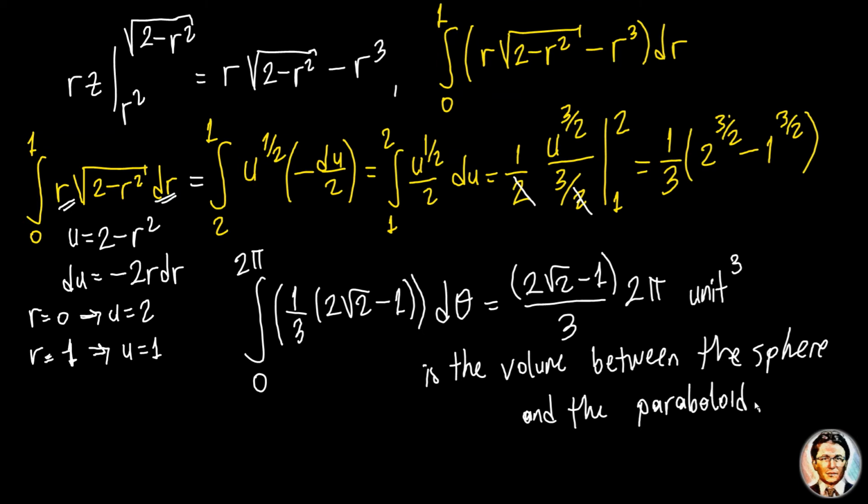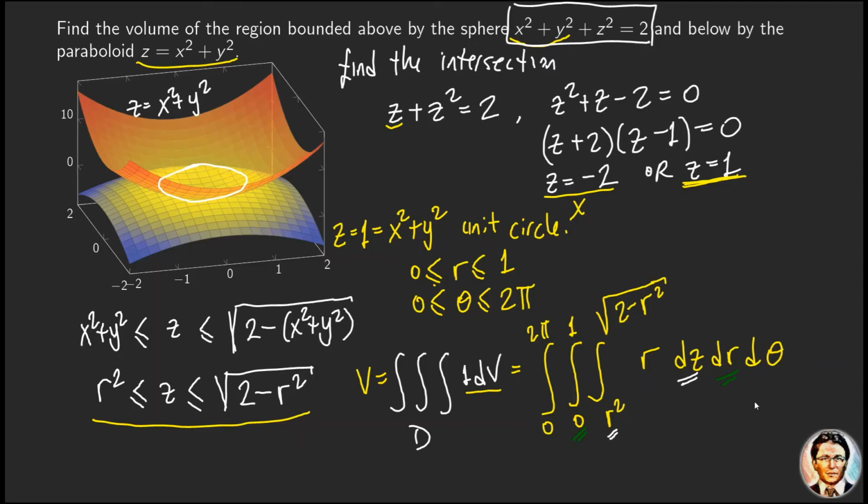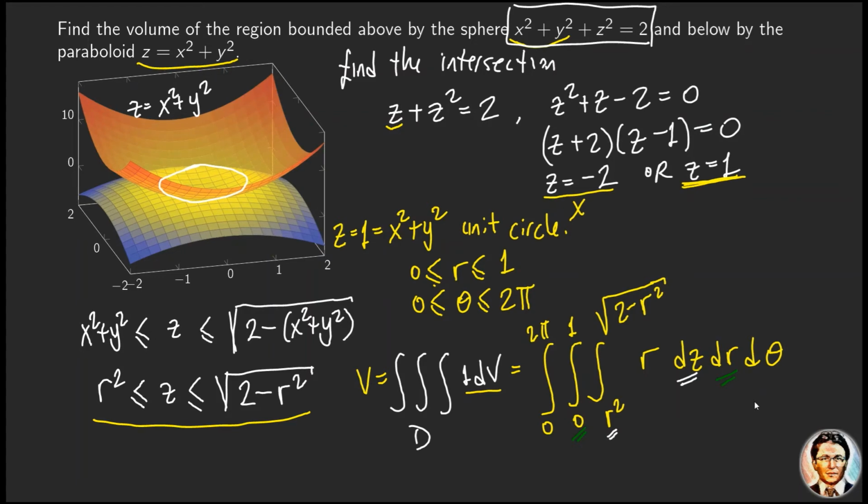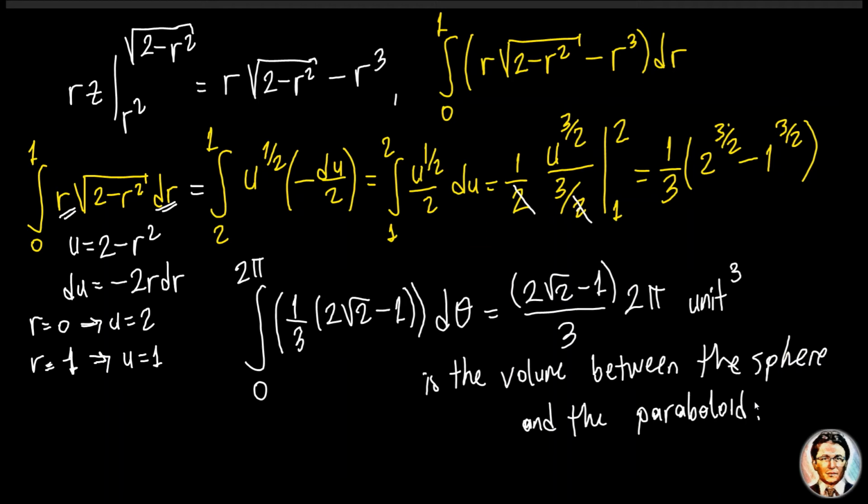So we used cylindrical coordinates and calculated the volume between these two surfaces, the sphere and the paraboloid, and it turned out to be 2 square root of 2 minus 1 over 3 times 2 pi.